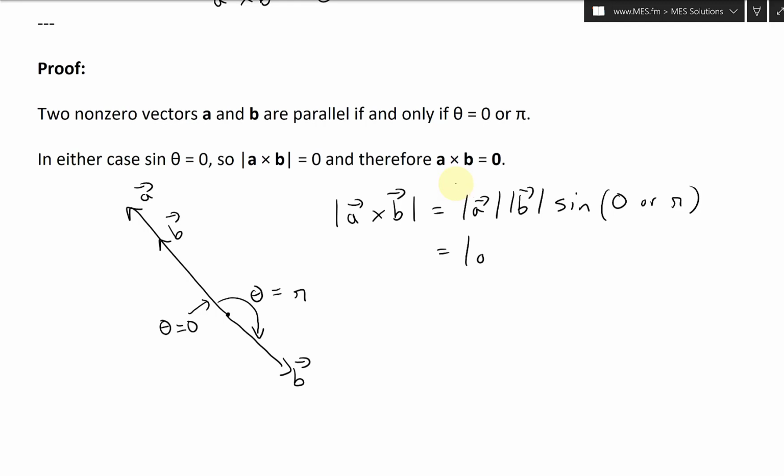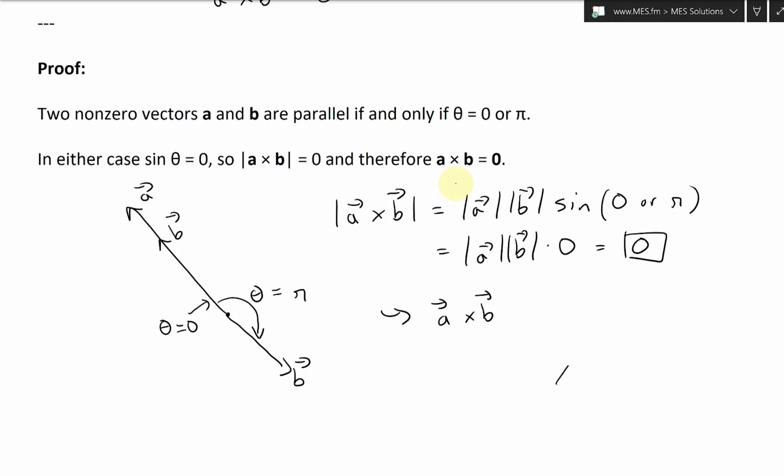It just becomes, for completeness, length of A times length of B times 0, which equals 0. So if the length is 0, the cross product is going to be all 0. The only way you can get a length of 0 of a cross product is if the vector is a 0 vector.